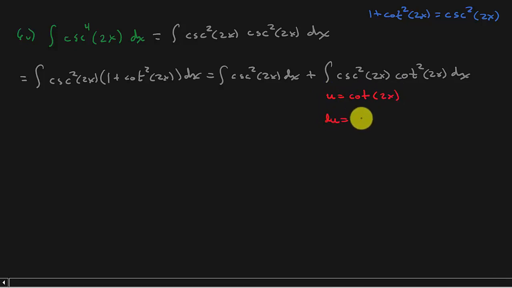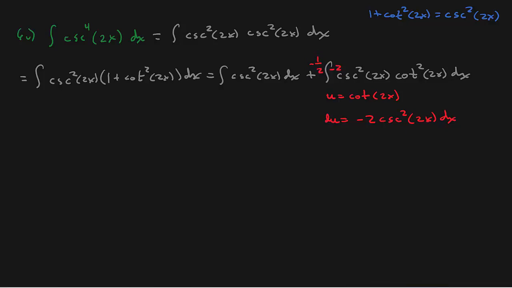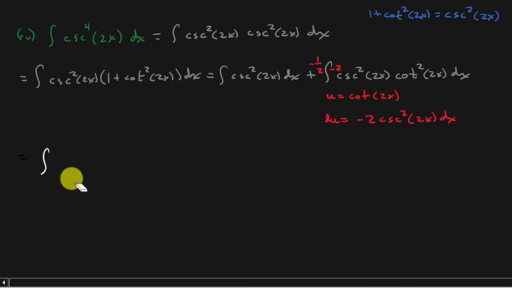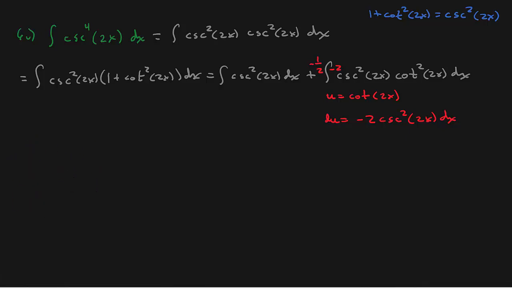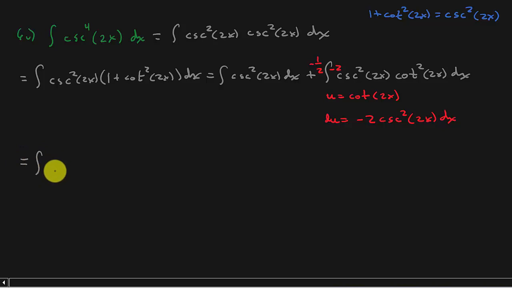So du would be negative 2 cosecant squared 2x dx. And what am I missing? I'm missing a negative 2, so I got to multiply by negative 2. So come out here and multiply by negative 1/2. And so this is going to be the integral of cosecant squared 2x dx minus 1/2 integral.